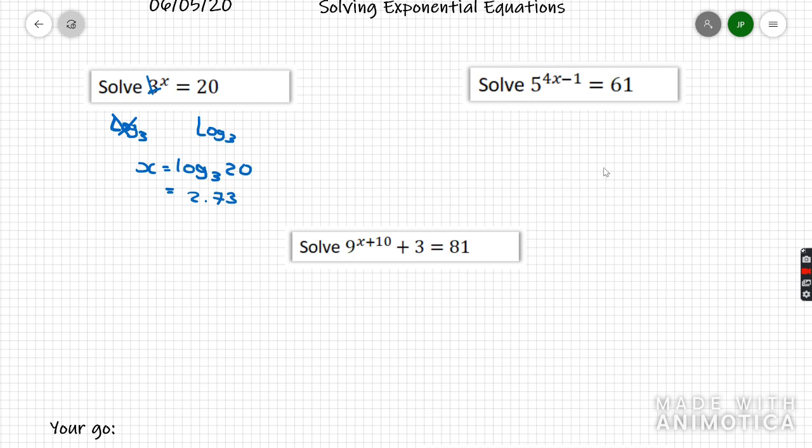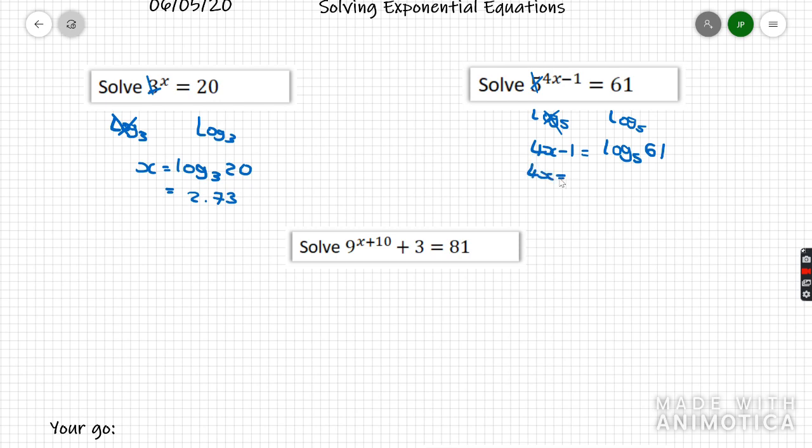Okay. Same idea with the next one. 5 to the power of 4x minus 1 equals 61. The 5 to the power is the bit I need to get rid of. So the inverse of that would be to log base 5 both sides. That then gets rid of the 5. So I'll have 4x minus 1. Remember that we've log base 5 this side as well, 61.